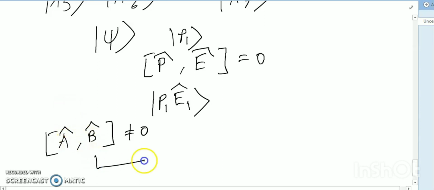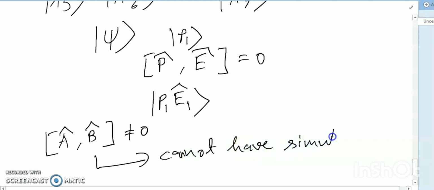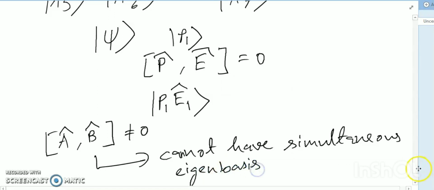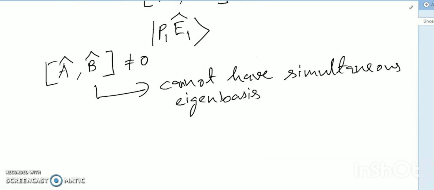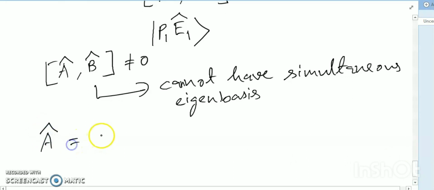That means they cannot have a simultaneous eigenbasis.